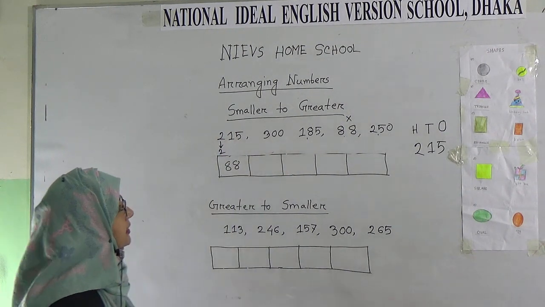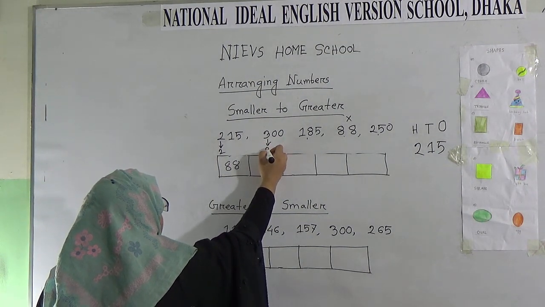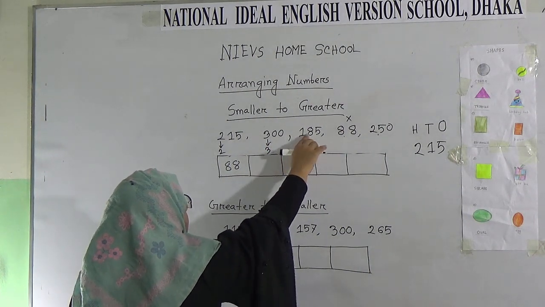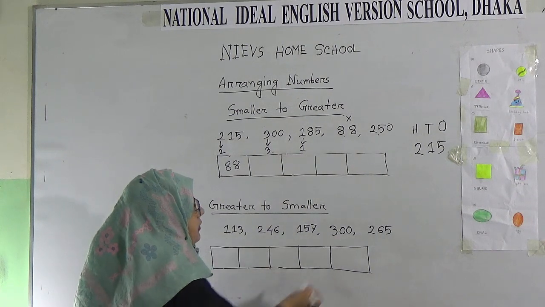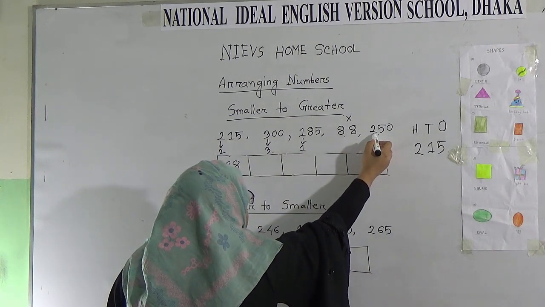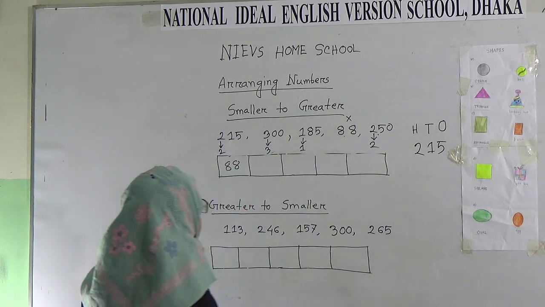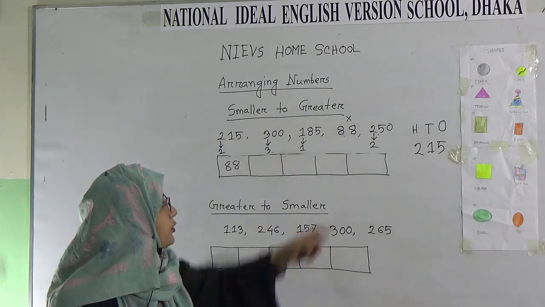The digit in the 100's place is 3. The next number, the digit in the 100's place is 1, and the last number, the digit in the 100's place is 2. Now see, the digits are 2, 3, 1 and 2.